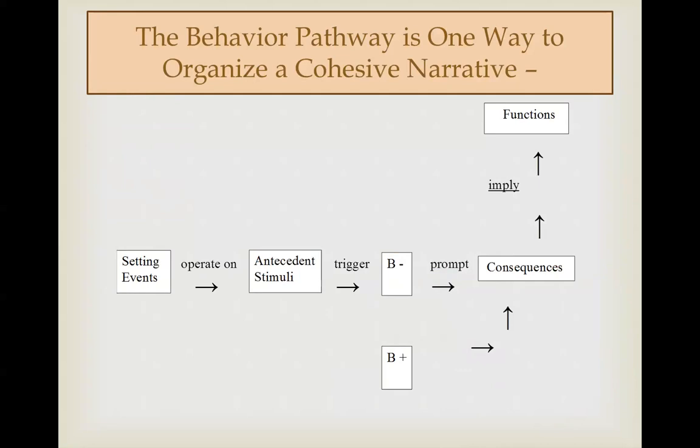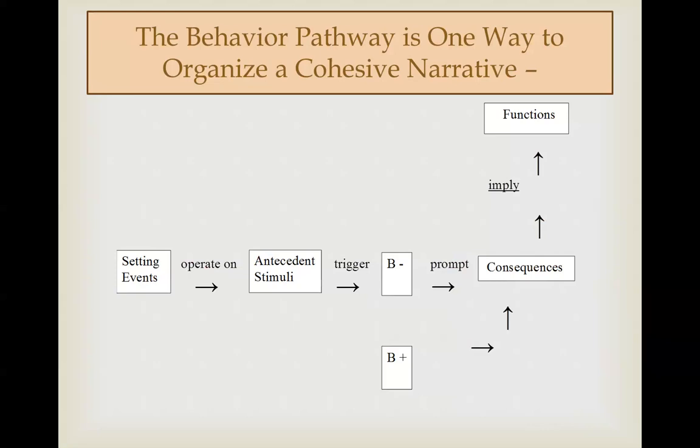So if we come back to the behavior pathway, is one way, as I said, to organize our cohesive narrative of why that B minus, that inappropriate behavior, that target behavior there on the pathway, is occurring. And we simply say that B minus, that target behavior, well-defined, operationally defined in a way that can be validly and reliably observed and measured, quantified in some way, occurs under very explicit environmental conditions in order to prompt a specific set of environmental responses that serve as sustaining consequences in a functional way, right?